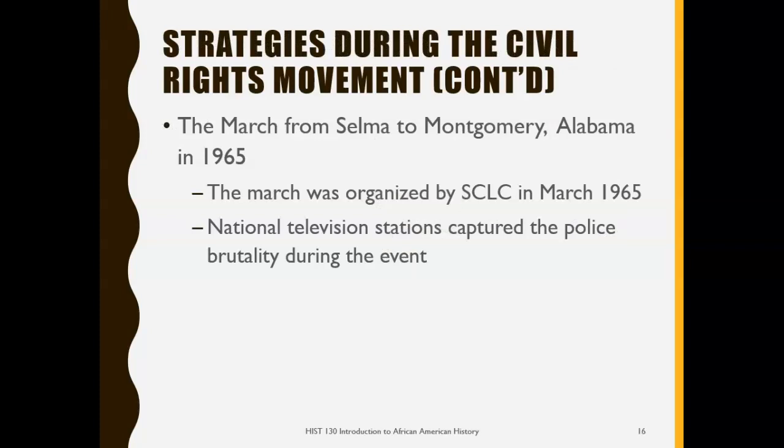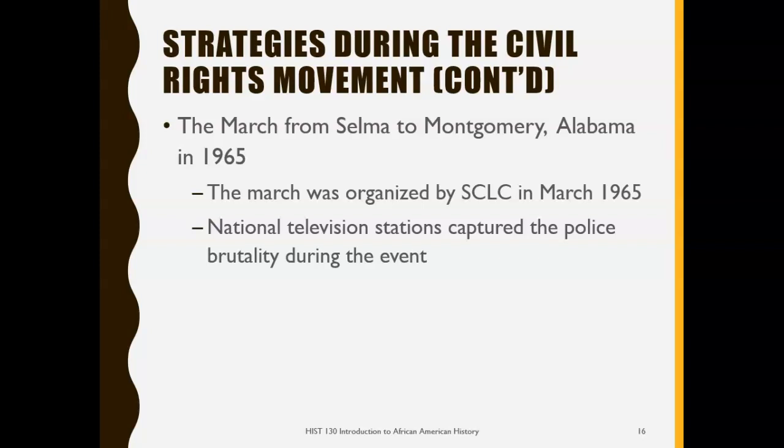Another famous march was the march from Selma to Montgomery, Alabama in 1965, and this march was also organized by Martin Luther King Jr. and his association, the SCLC, the Southern Christian Leadership Council in 1965, and national and international television stations came to this march and captured the brutality of the police.